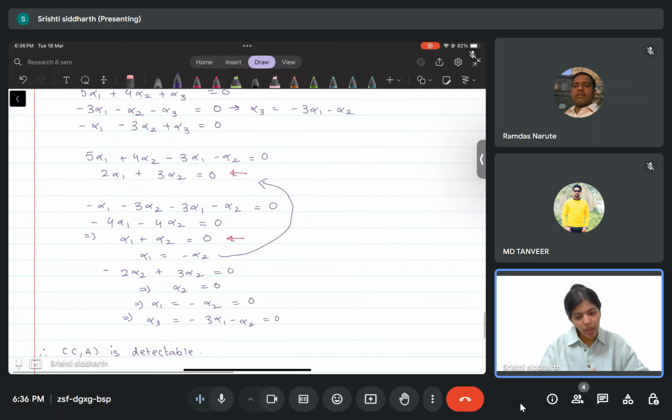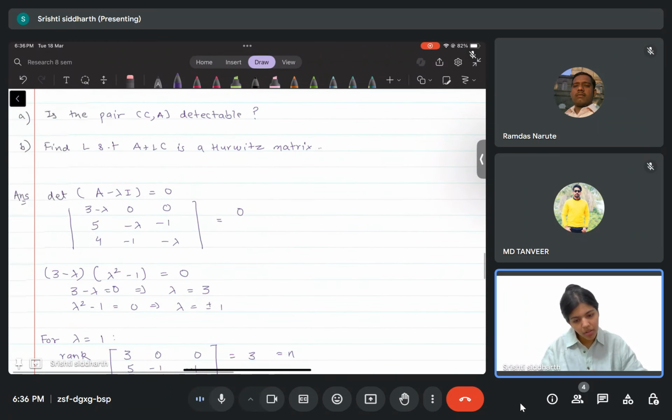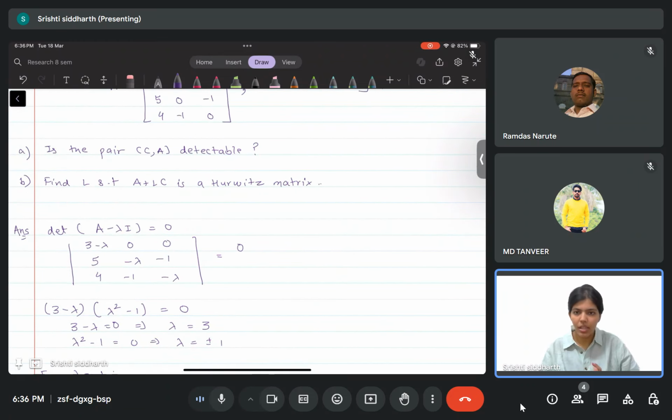Alright, so now we have to find L such that A plus LC is a Hurwitz matrix. So recall that we can only find such an L if the pair CA is detectable. Oh, sorry, observable.